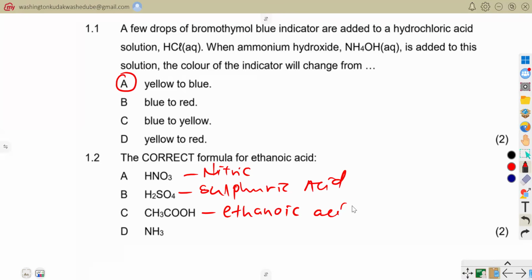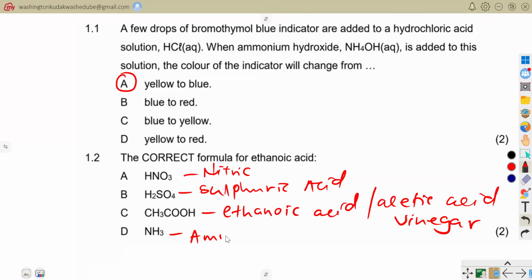Most people know it as acetic acid, and at home this is what you refer to as vinegar. And then this one is ammonia. So the correct answer there was supposed to be C.